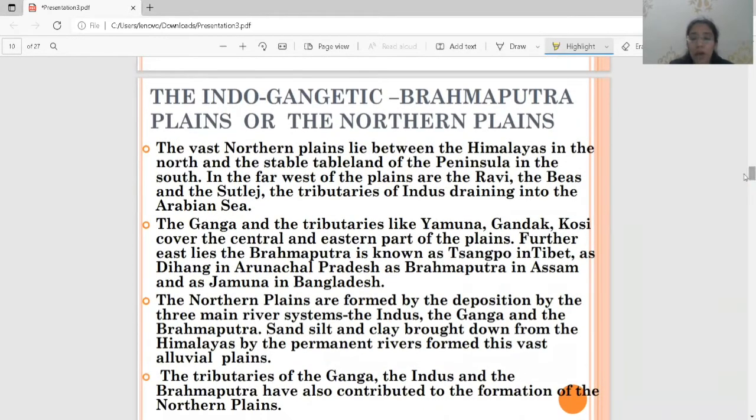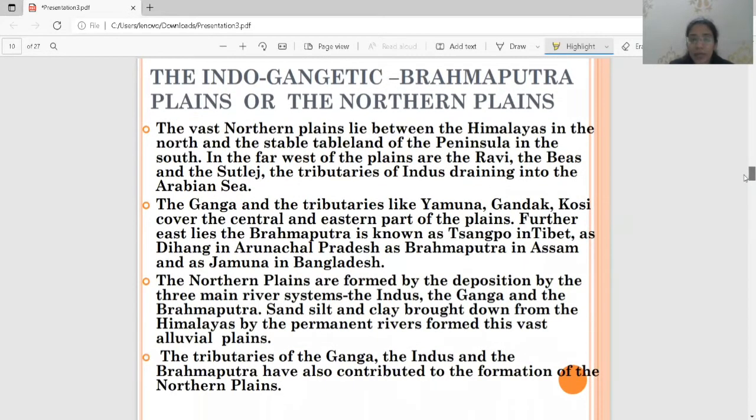Now, if I talk about the Indo-Gangetic Brahmaputra plains, or we call it the northern plains, where we are living. We live in the northern plains only, na? Northern plains lie between the Himalayas in the north and the stable tableland of the peninsula in the south.